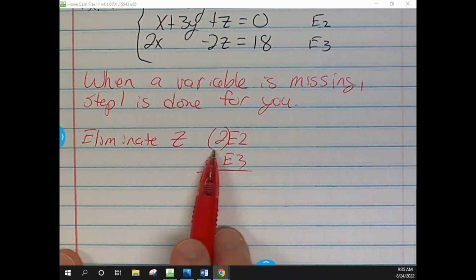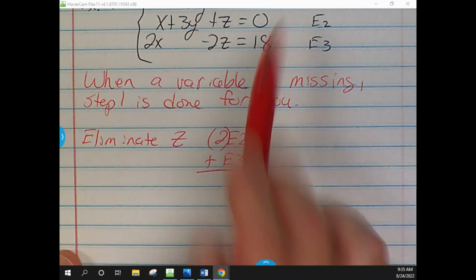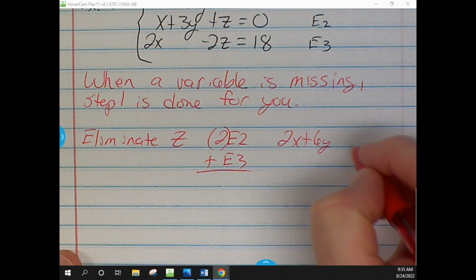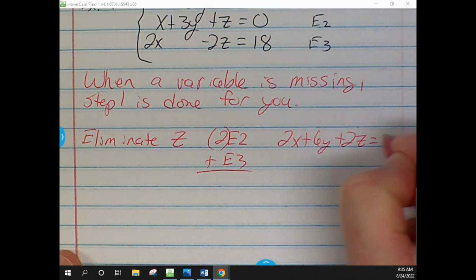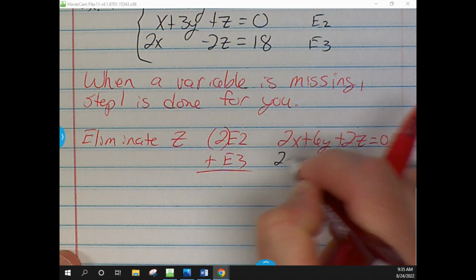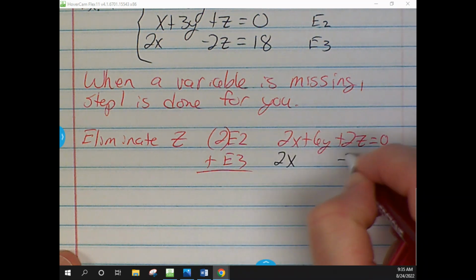Okay, so we'll take everything in equation 2, multiply it by 2. So that's going to be 2x plus 6y plus 2z equals 0. In equation 3, we'll leave it just like it is.